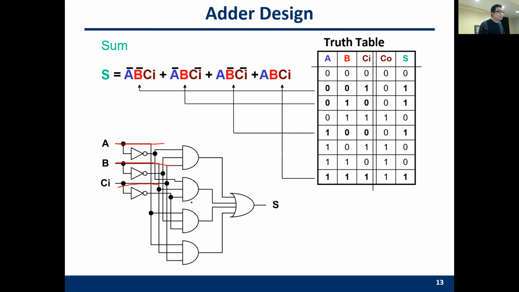And then we use some AND gates to implement the minterms and use a large OR gate to sum them together and then generate the S. And of course, this is not the simplified one. We didn't do the K-map simplification, so this is the original canonical form one.